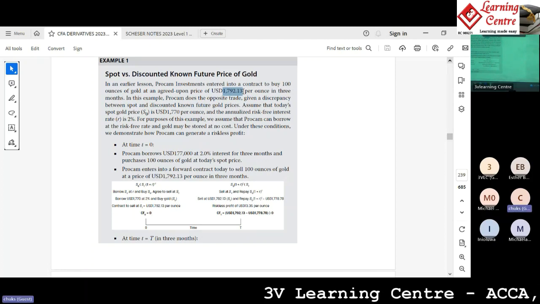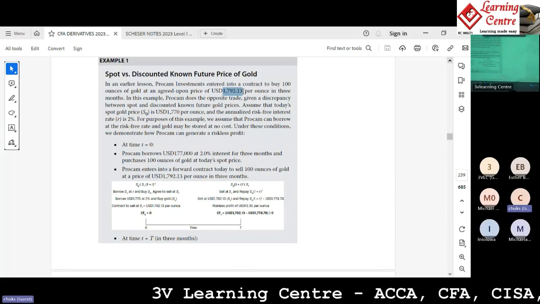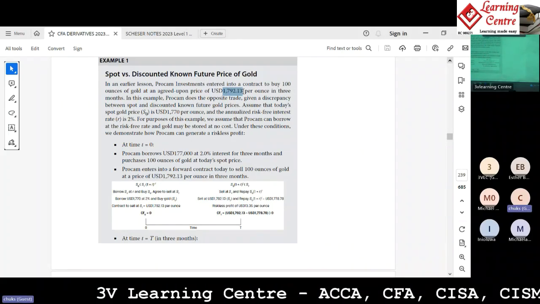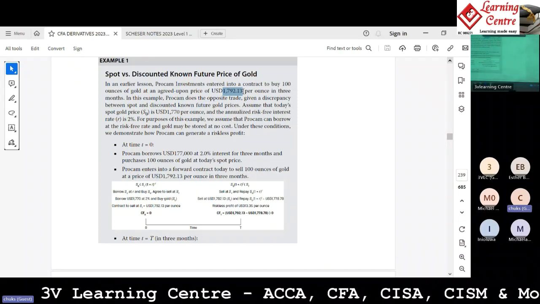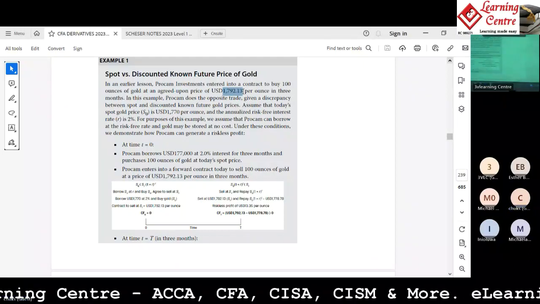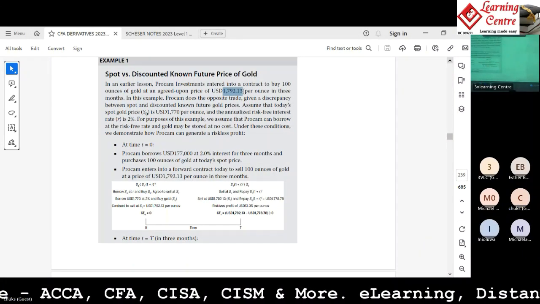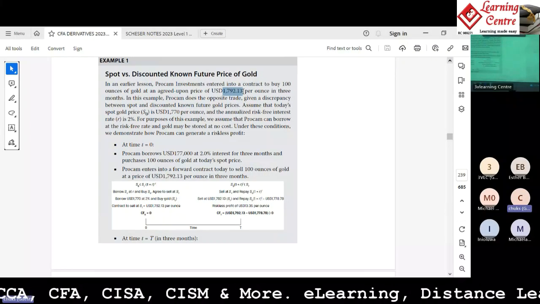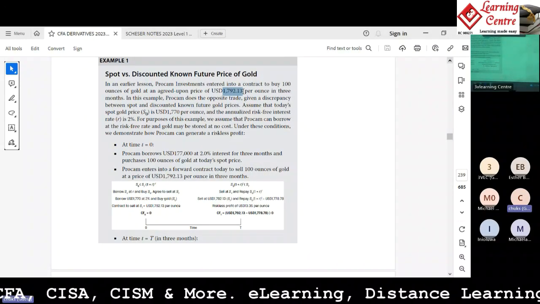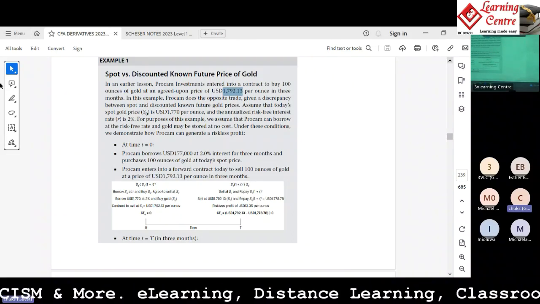If I borrow money and they ask me to pay 2% on that 1770, based on the period, the figure I get must be equal to this forward price at the same period.